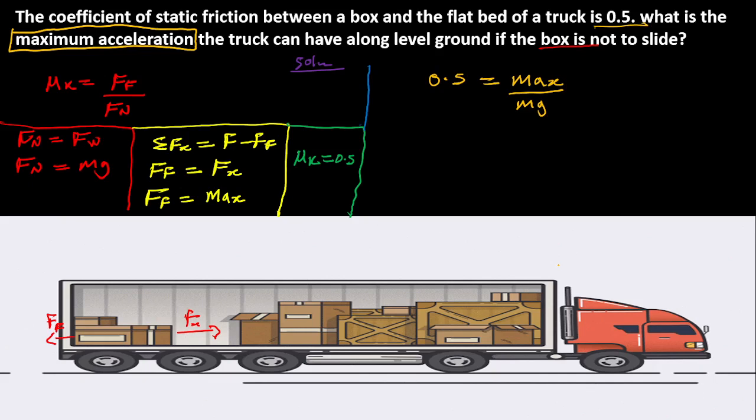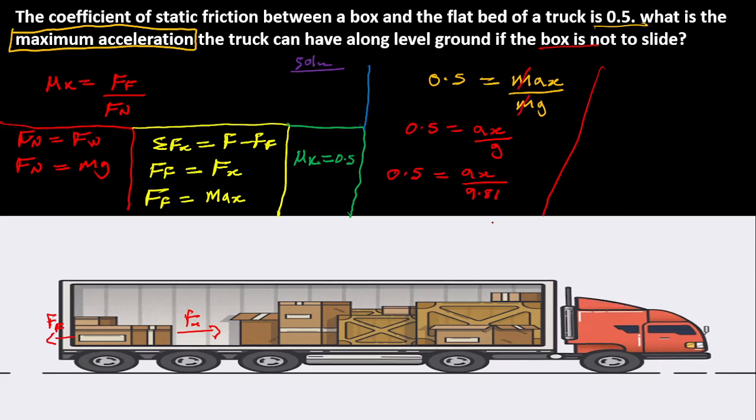The information we also have is for g, so 0.5 is equal to ax over 9.81. This can be treated as a fraction, and the 0.5 can also be over 1.